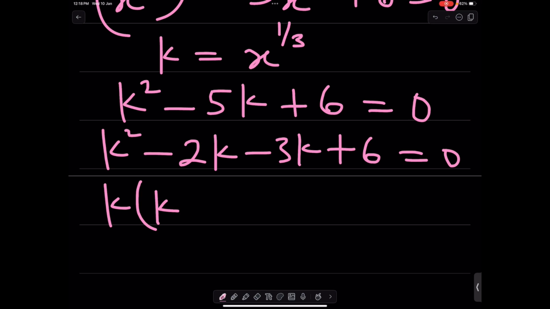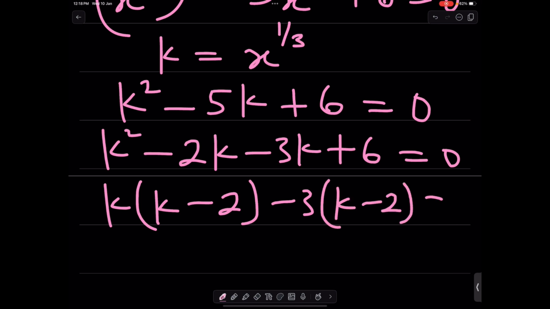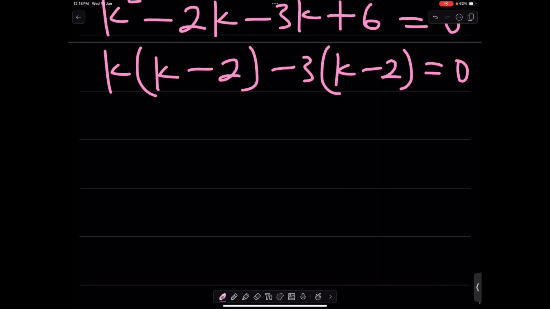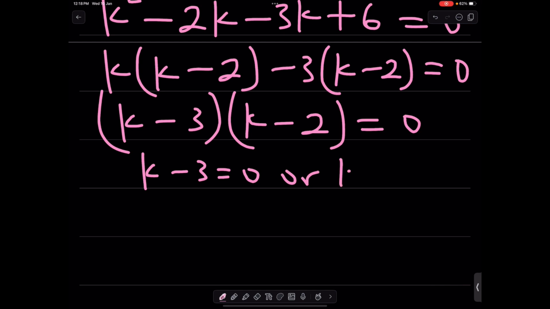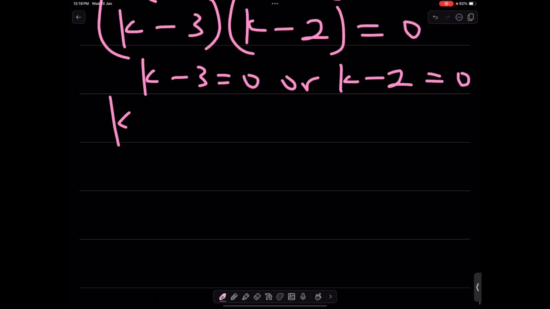That's k into bracket k minus 2 minus 3 into bracket k minus 2 equals 0. And that means k minus 3 times k minus 2 equals 0, which means k minus 3 equals 0, or k minus 2 equals 0. And that simply means k equals 3 or k equals 2.